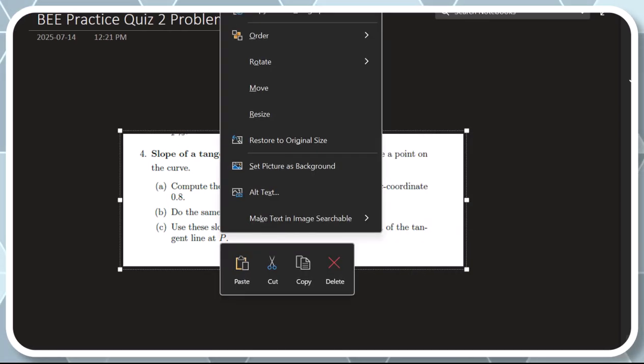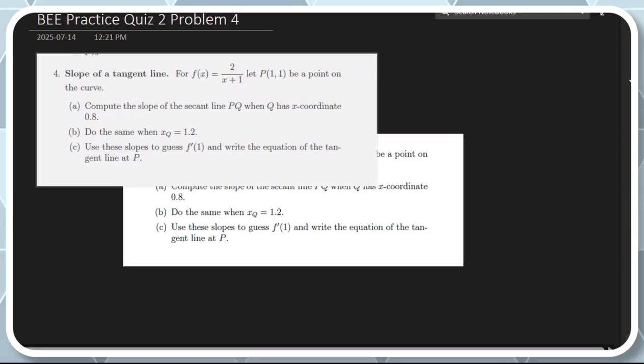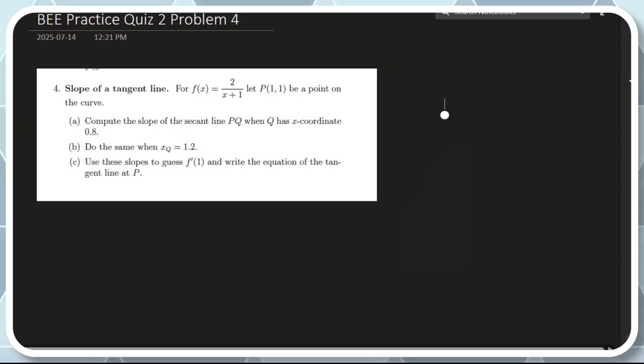So it says slope of a tangent line for f equals that function, let P(1,1) be a point on the curve. So we could graph this function if we wanted to, and as a matter of fact, you always should. You should always take a look at what they look like.